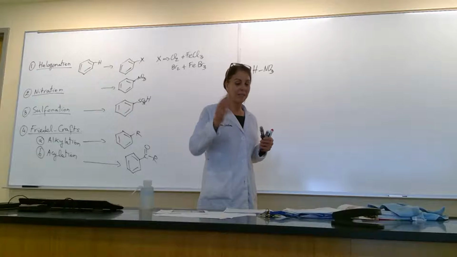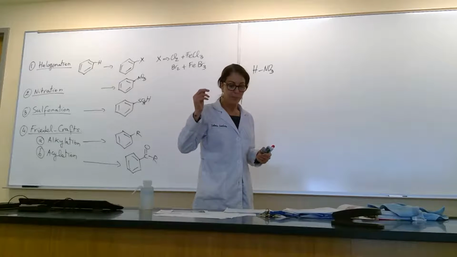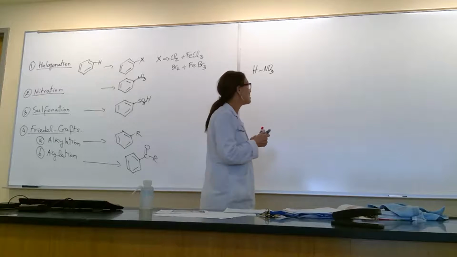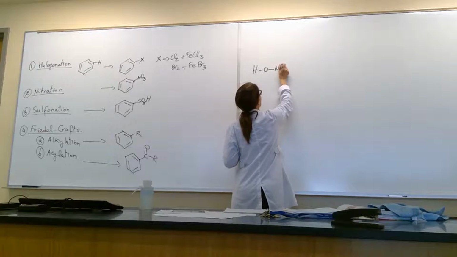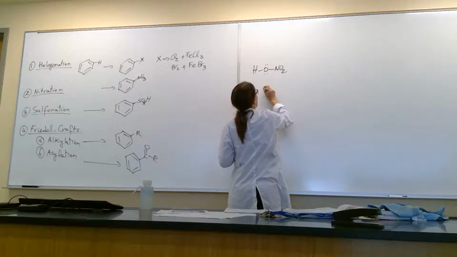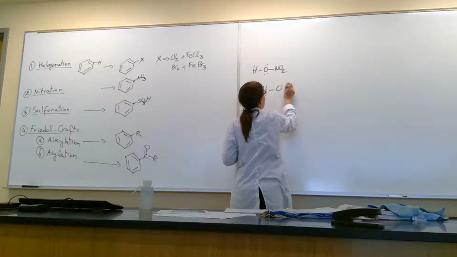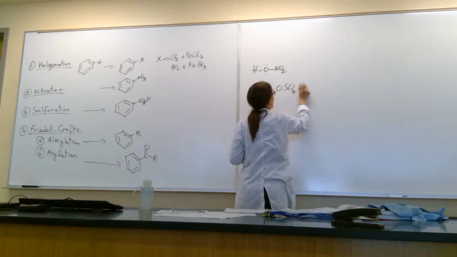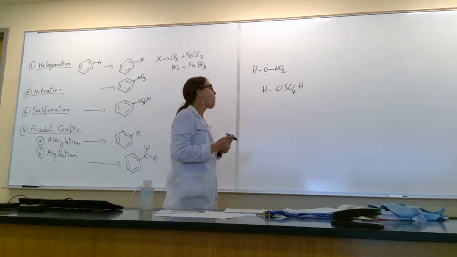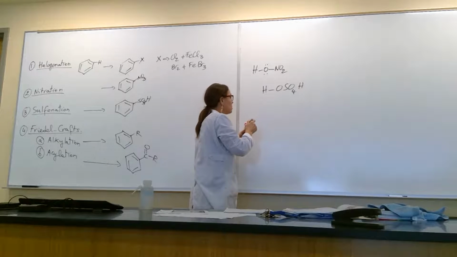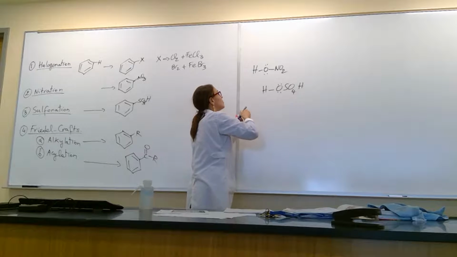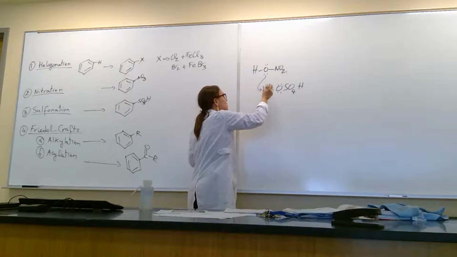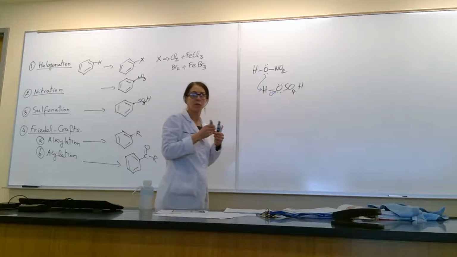One will react as the base, the other one will react as an acid. So the way we write it, we write HONO2, and then in the presence of sulfuric acid. The first step is this takes the H, this takes the lone pair.